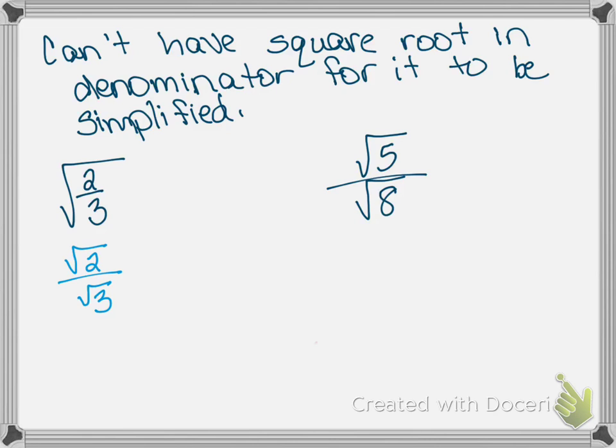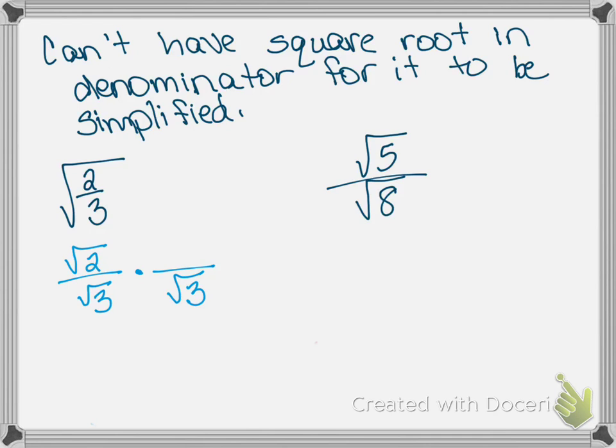Now, the way that I can get rid of this square root of 3 in the denominator is that I multiply it times the square root of 3. So the square root of 3 times the square root of 3 is the square root of 9. And what is the square root of 9? 3.